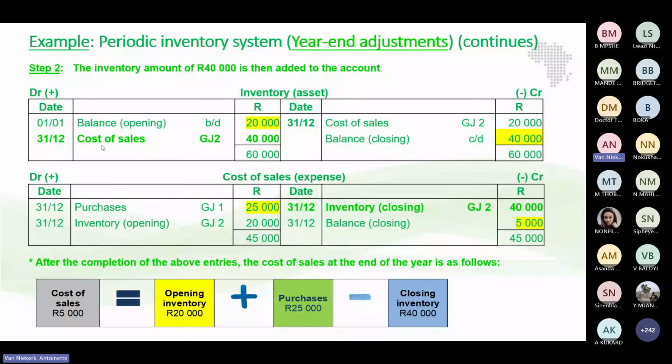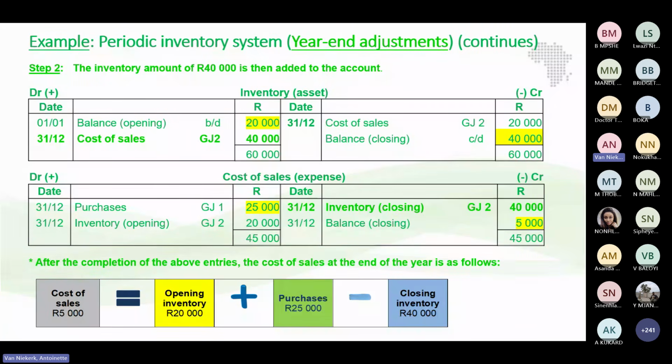So here you will see, as you remember, we had the 20,000 Rand opening inventory, which we took to the cost of sales account. Here you will see the 20,000 Rand.